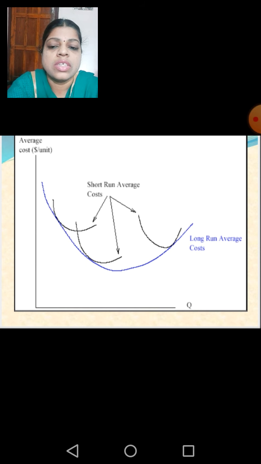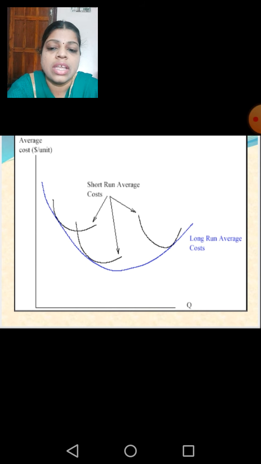Children, what curves can we see? Average cost curves, short run average cost curves. Where the tangent point is, we can see that the down part of the average cost curve, that curve at first diminishes and after that it increases, isn't it?